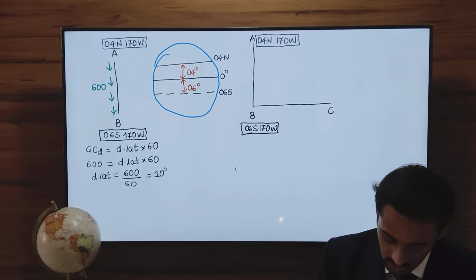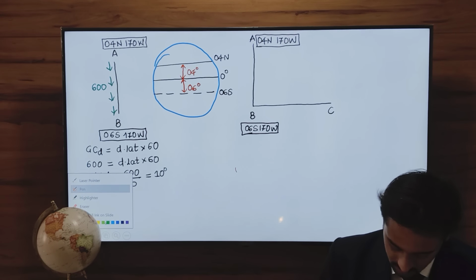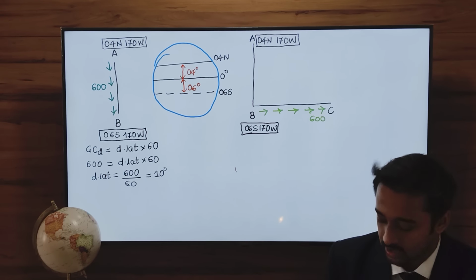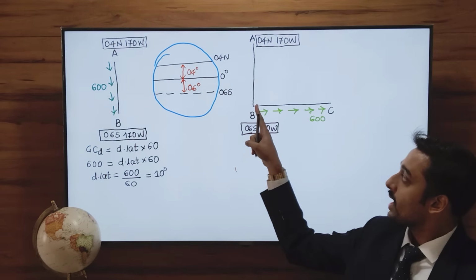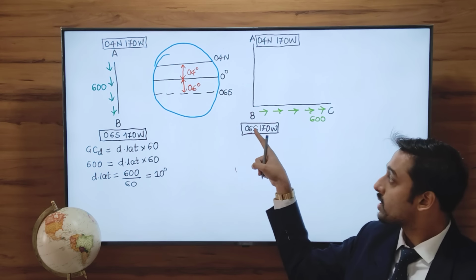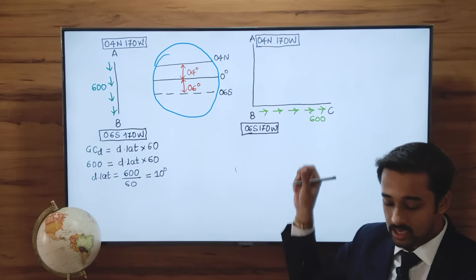The total distance is 600 nautical miles. Now when it goes from Bravo to Charlie, as you can see, both are at the same latitude. So the latitude of Bravo, 6 south, will be equal to the latitude of Charlie, 6 south.